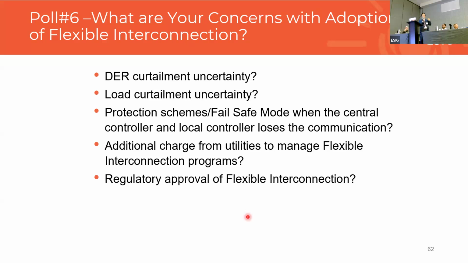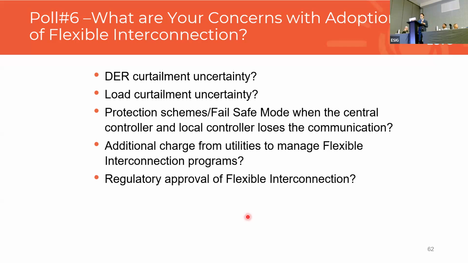The fourth option here is it depends on the utility. Some utilities will say, hey, if I use the terms to manage your flex interconnection, it's an additional staff and equipment cost. So usually you avoid the upfront capital cost for grid reinforcement, but the utility says, okay, I charge a small amount to manage the terms to control your DER or load for flex interconnection.